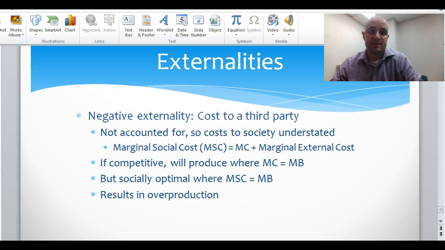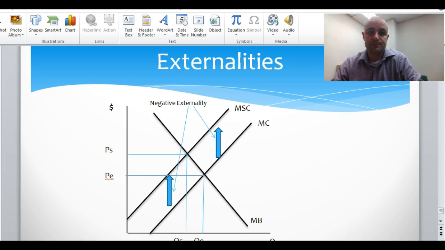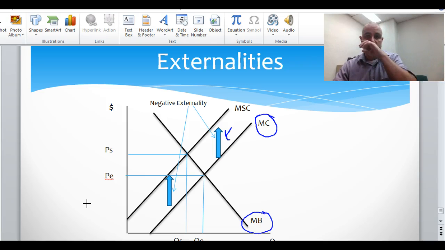So if we look at this, here we have our marginal cost and we have our marginal benefit. And these are coming from the private sellers and buyers of the good. However, there is a negative externality, which is some amount that everybody has to basically deal with for it.